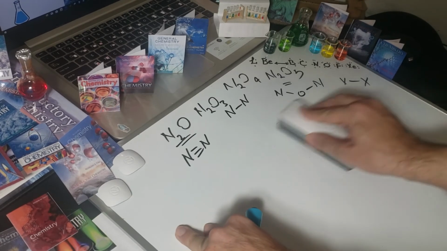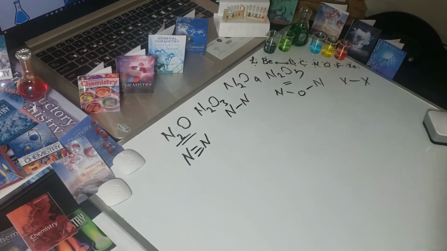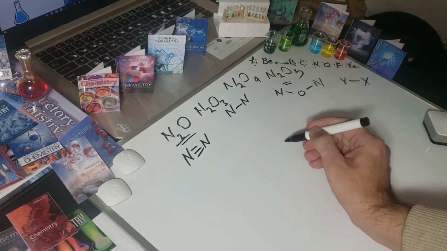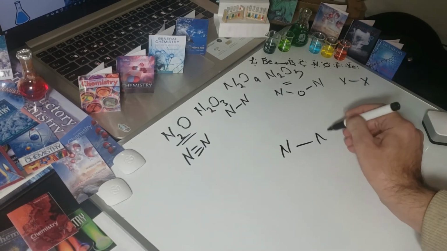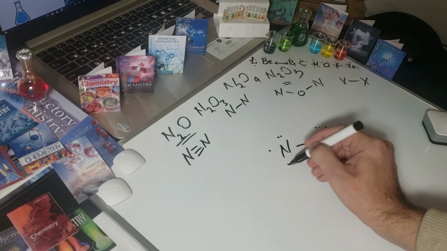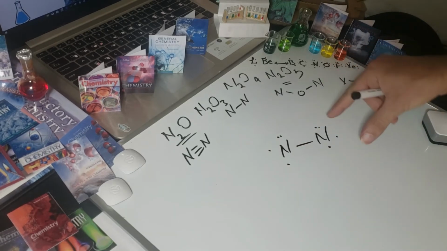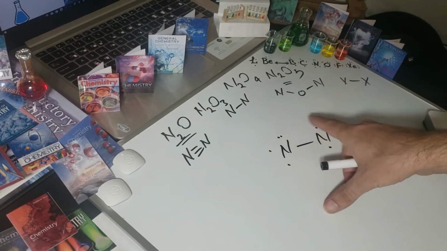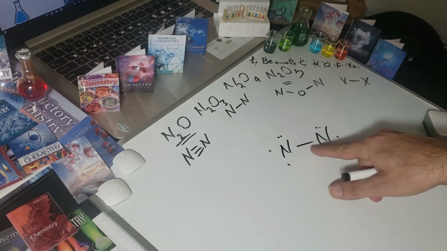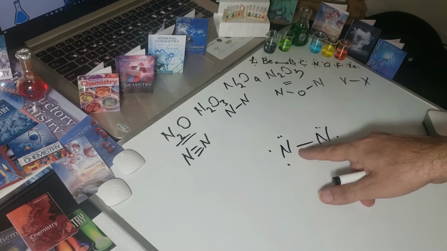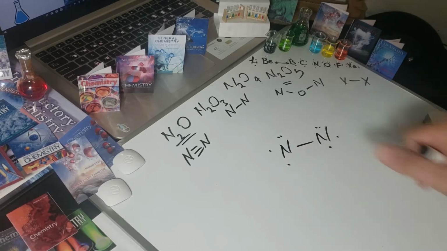Let's go to the case of N2O3. Now N2O3, I told you it's going to be like this. Nitrogen has 3 single unpaired electrons and 1 lone pair each. The third single unpaired electron is not being shown here because it's in the bond between them.